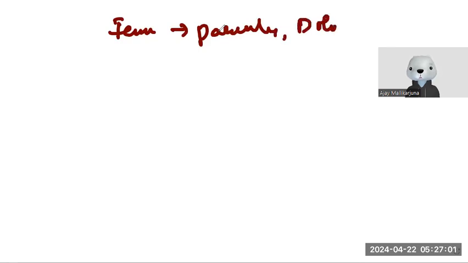For fever, everyone gives paracetamol or Dolo or PCM.